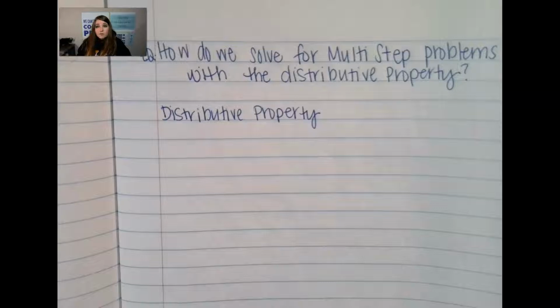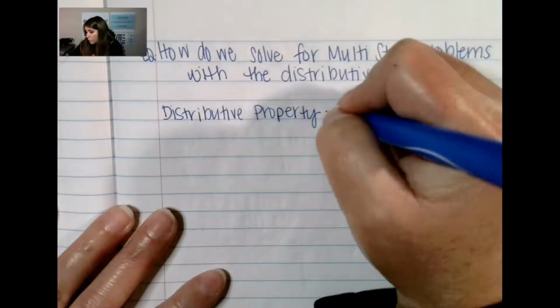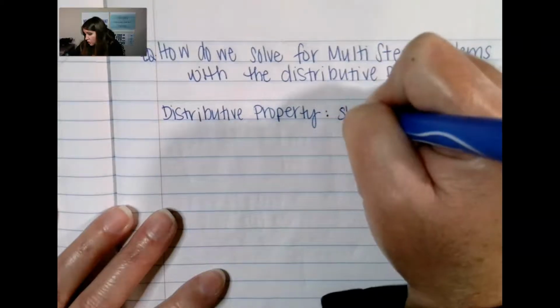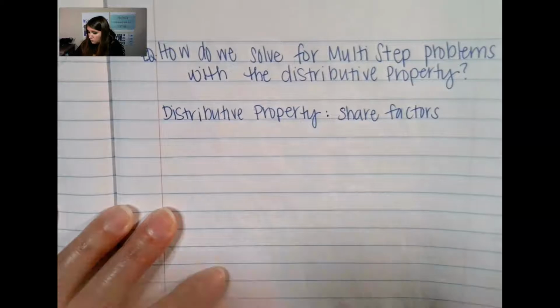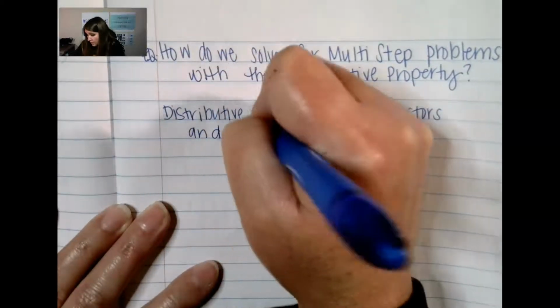So the distributive property is a property where we share. So we share factors. And we multiply.